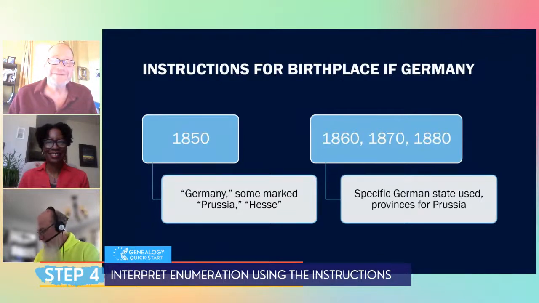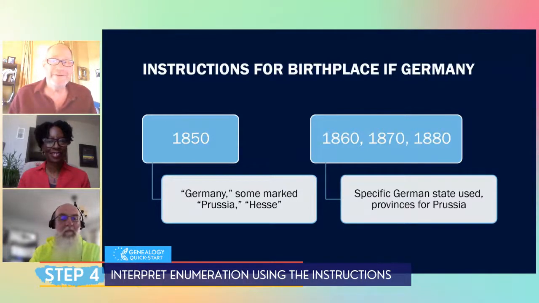And here is an example of enumerators not necessarily following the instructions, because the instructions were just if it was somebody from any of the German states, to just put Germany, which technically is not correct because at that point there was no German Empire. There were individual German kingdoms, duchies, principalities, and so forth. And in 1850, you have most German-born people marked as Germany, but some marked as Prussia, some marked as Hesse, and so forth.